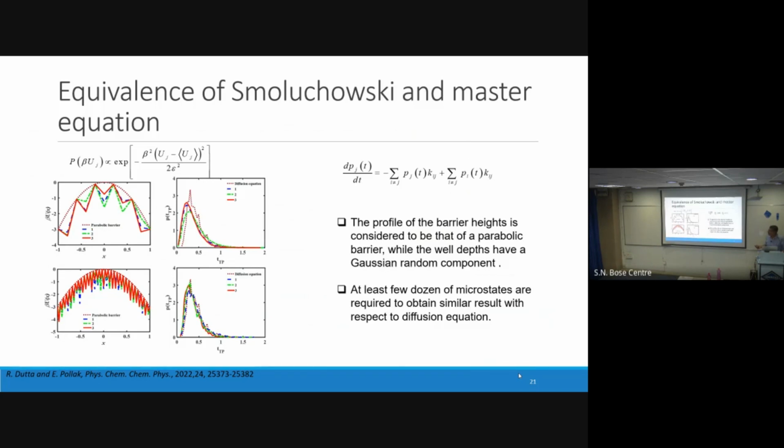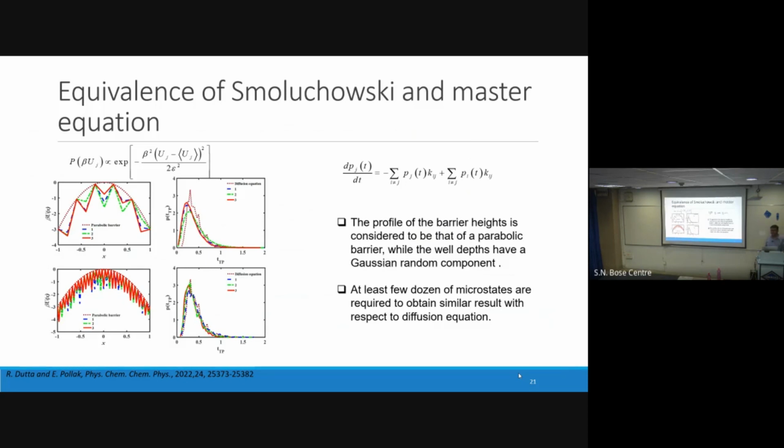Each time you generate a different random number set, and you will get different depths of the microwells depending upon the mean of the well or the variance.